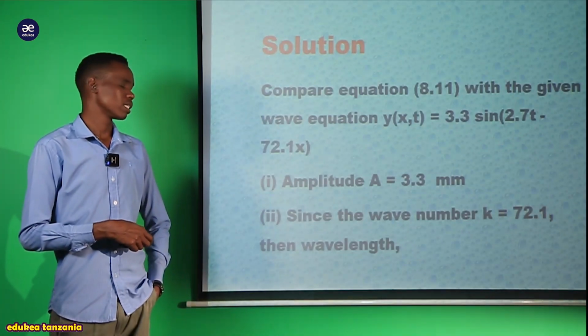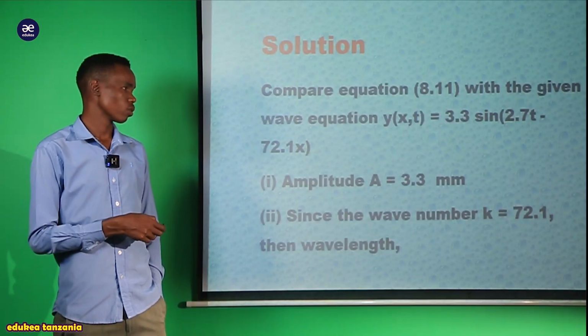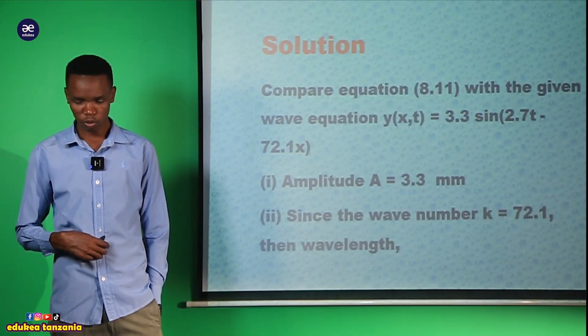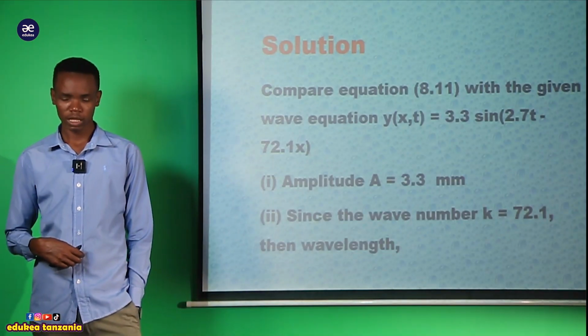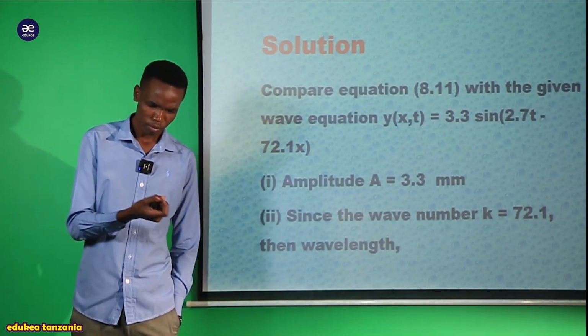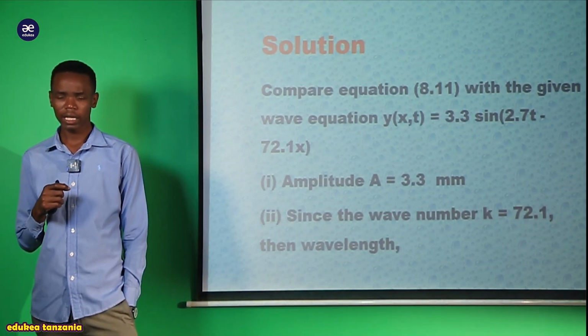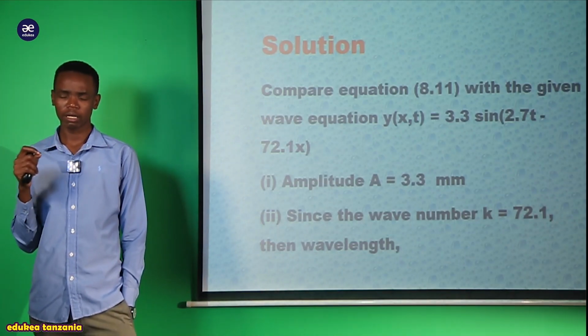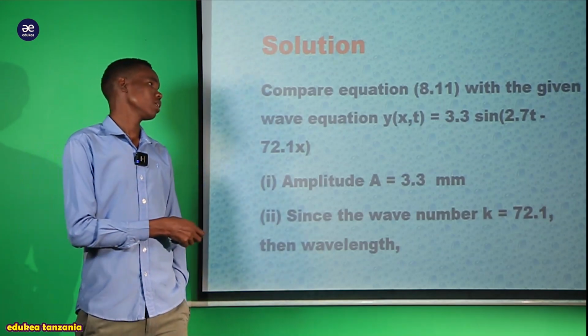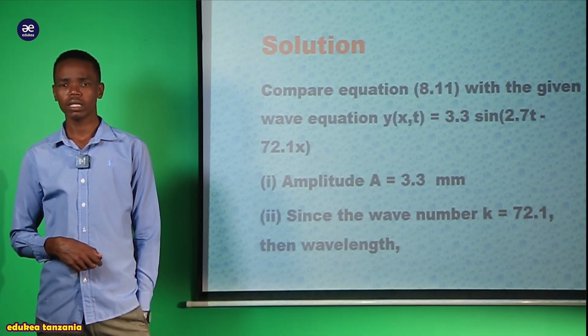Now k is equal to 72.1, as we have been told. This wave number, represented by the symbol k, is equal to 72.1.